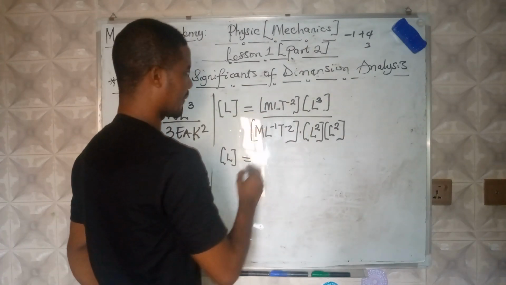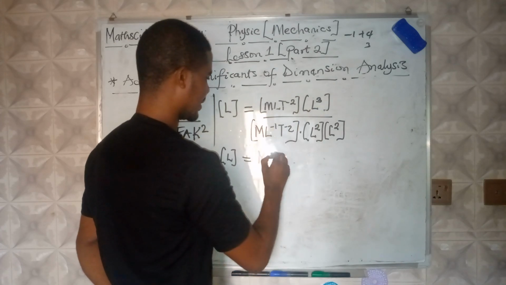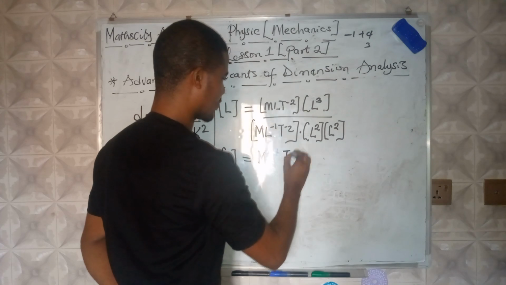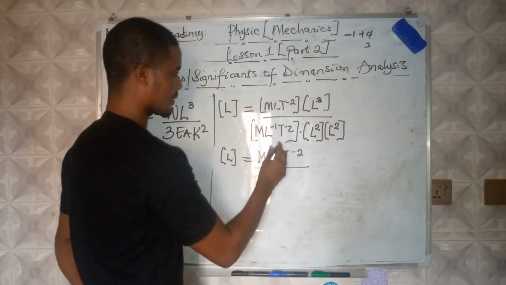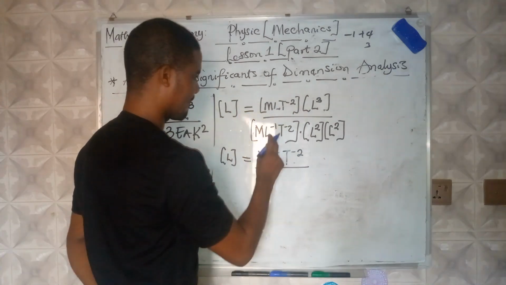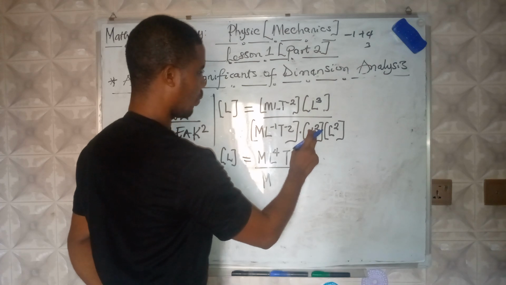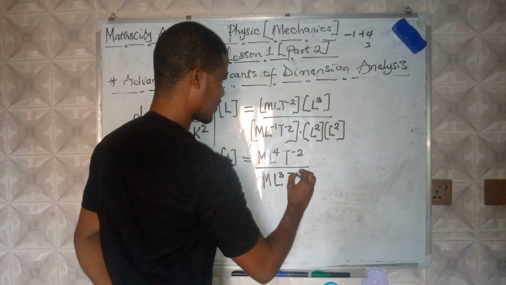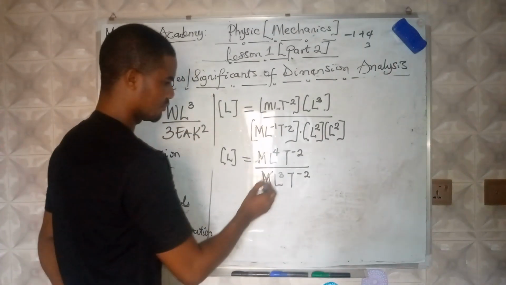So simplifying the numerator, I have M L^4 T^-2. Then the denominator becomes M^(-1+...) that is, M^(1+2)... giving L^3 T^-2. Now at this point, this can cancel out this.